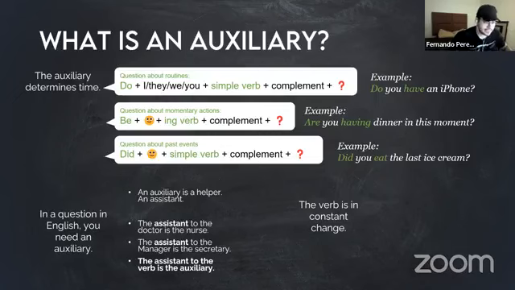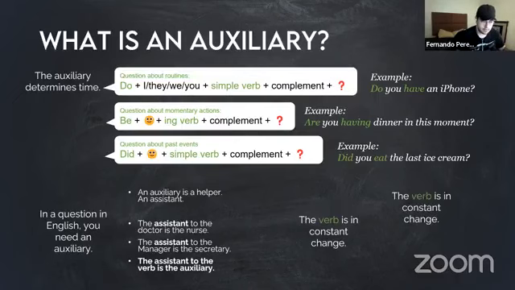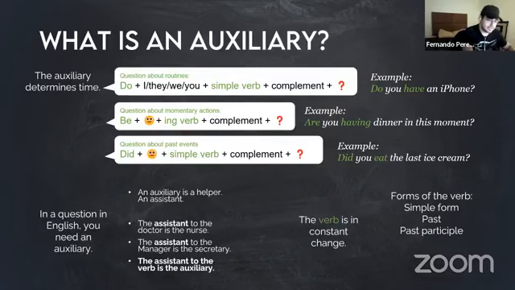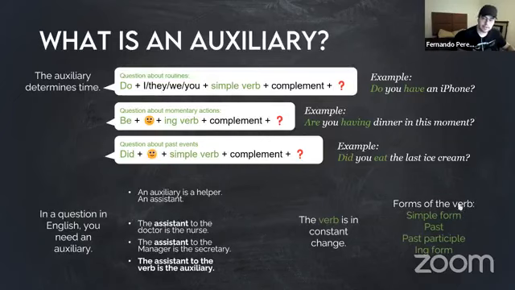The verb exists in present, simple form, past, past participle, and ing. And these forms have a close connection and close relation to the verb.